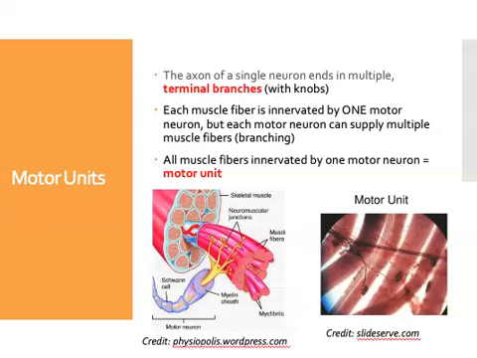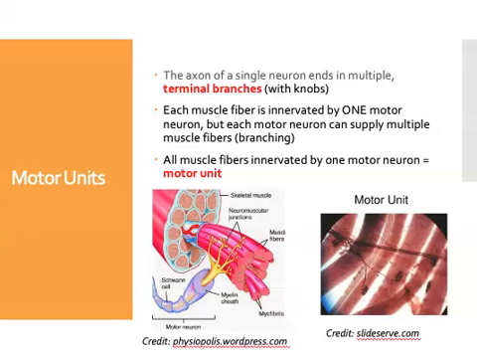It's important to know that each muscle fiber, each individual cell, is innervated by one neuron, one motor neuron, one effector neuron. But each motor neuron can supply multiple muscle fibers because of all that branching.